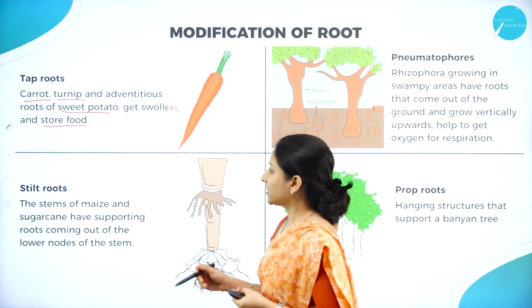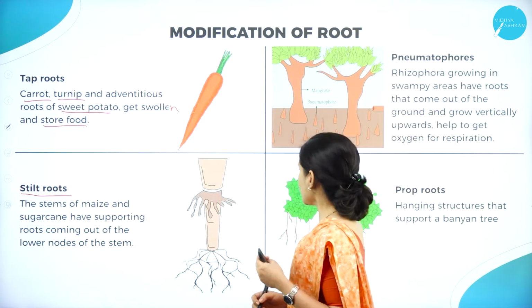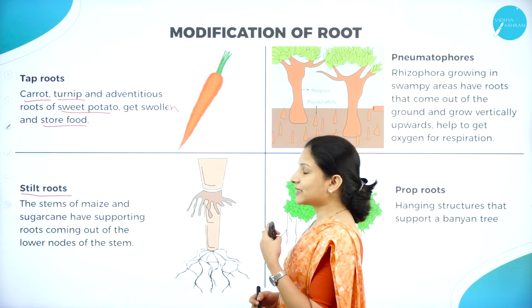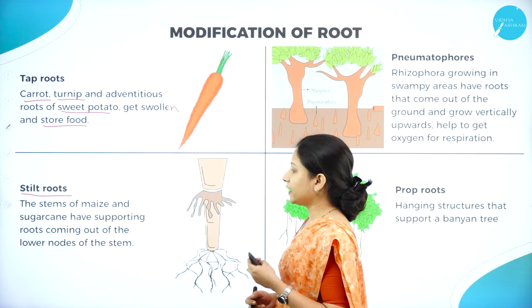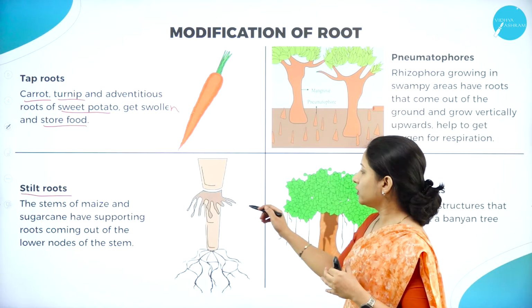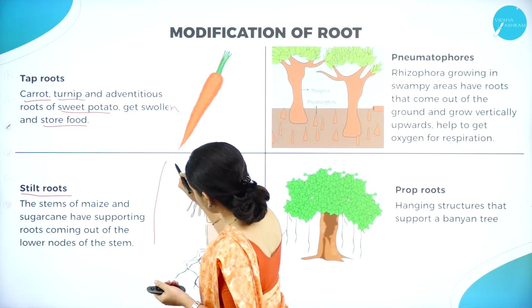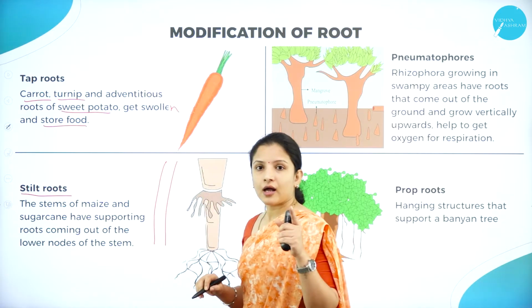The next modification is the formation of the stilt roots. The stem of maize and sugarcane has supporting roots that come out of the lower nodes of the stem. For example, I will draw a sugarcane. Sugarcane has nodes, right?